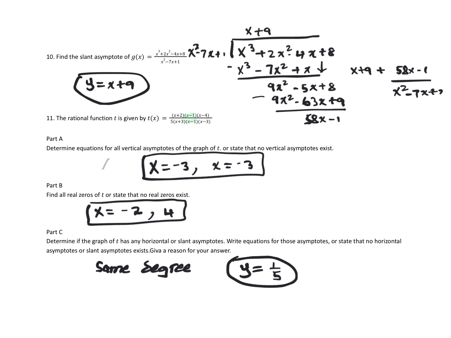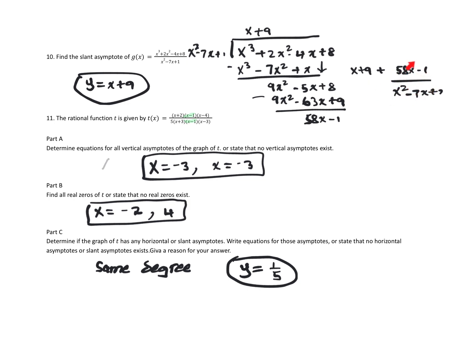When I multiply everything by 9, I get 9x squared, negative 63 plus 9. I subtract, and negative 5 minus negative 63 gives me positive 58. 8 minus 9 gives me negative 1. So this is what I get, x plus 9. This is my remainder.